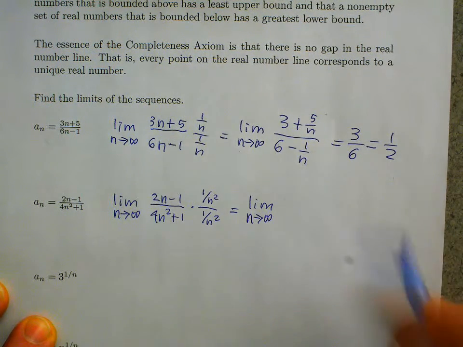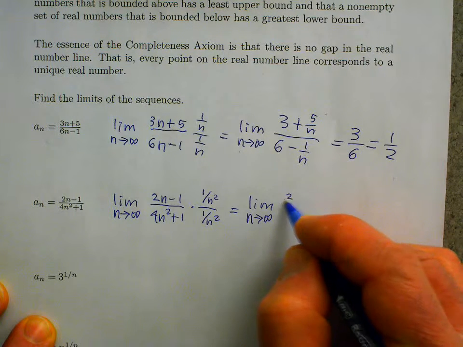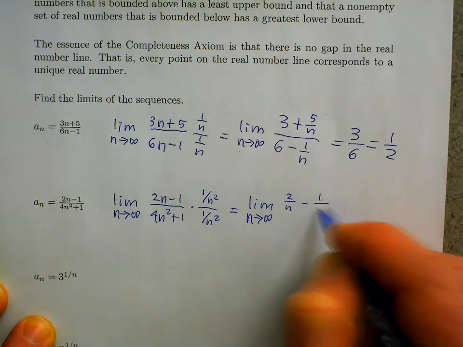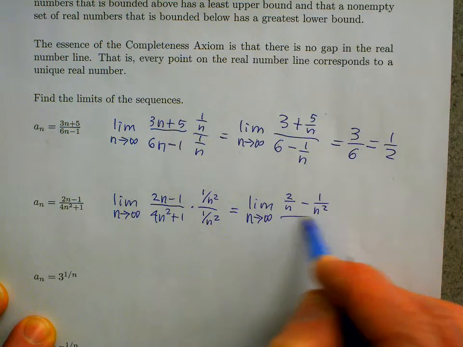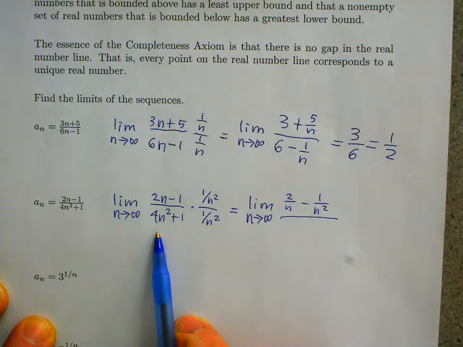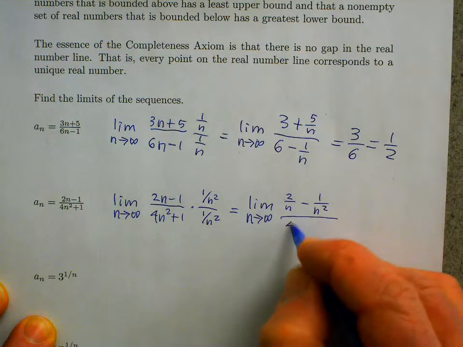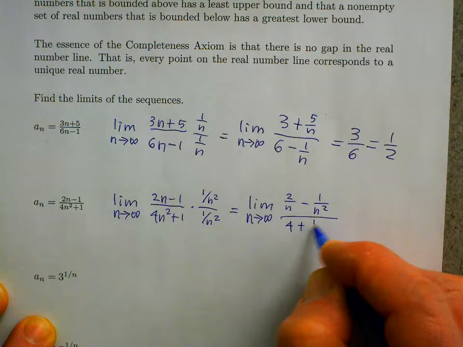So in the numerator, we get 2 over n minus 1 over n squared. In the denominator, we get 4 plus 1 over n squared.